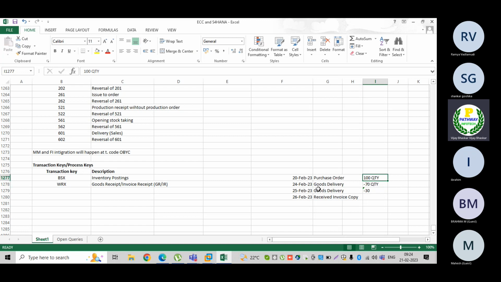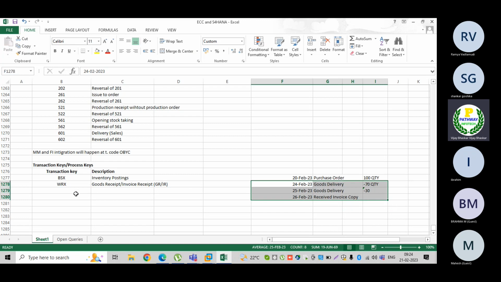Then to manage the time difference between goods receipt and invoice receipt, understand here, on 24th or 25th we have received goods, then we have received the final invoice from the vendor on 26th of February. To manage the time gap between goods receipt and invoice receipt, we would require a GRIR clearing account.